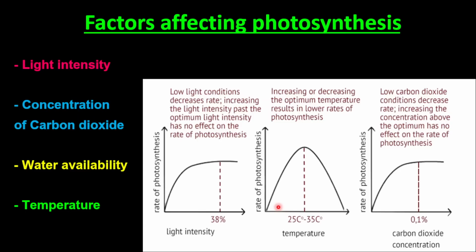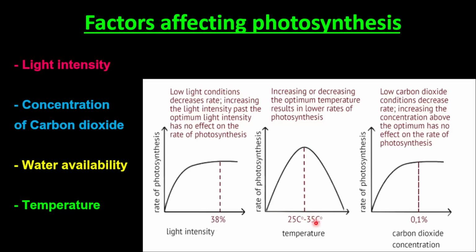However, after a certain point, the enzymes become denatured, simply because enzymes are made of protein and can be destroyed by high heat. Not only that, the stomata will also close to conserve water.